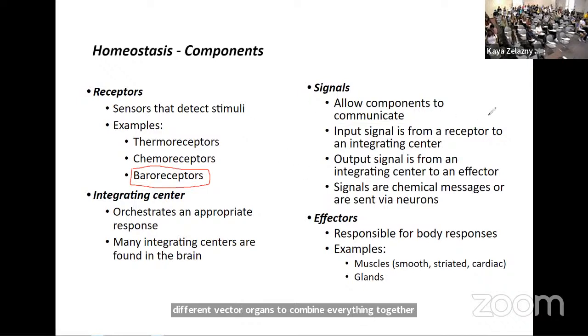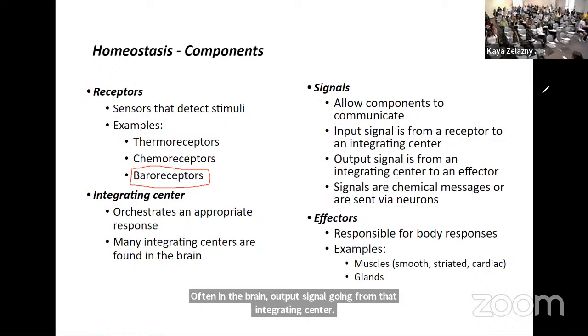Our signals, we're really thinking about nerves here. We're allowing our different components of this system to communicate. Our input signal is coming from that receptor out in the body to the integrating center, often in the brain. Output signal going from that integrating center, possibly in the brain, out to an effector. Previous example, the heart.